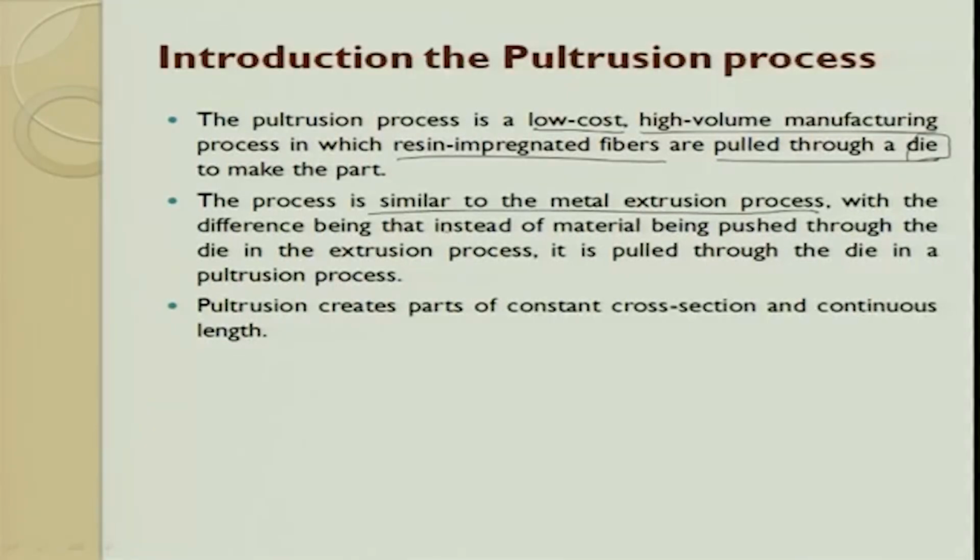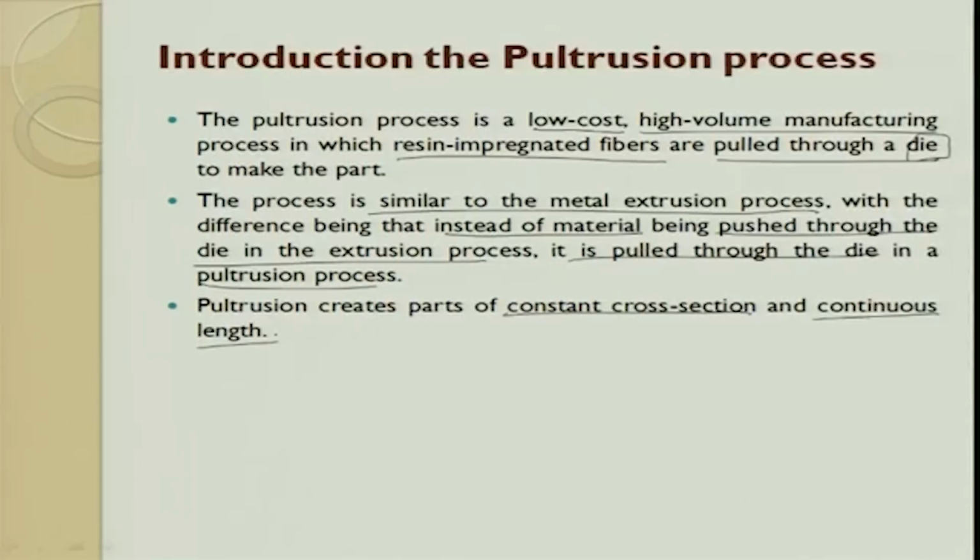The process is very similar to that of your metal extrusion process. The only difference is that instead of pushing a metal, here you will pull the fiber and the reinforcement through the die. So, here it is pull, there it is push. This is the difference. Pultrusion creates a constant cross section and continuous length.